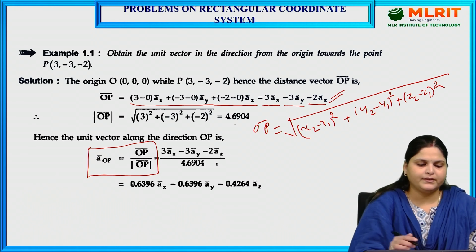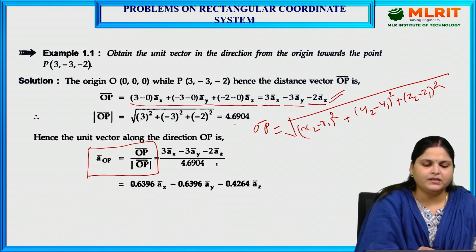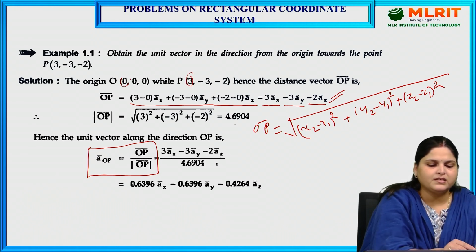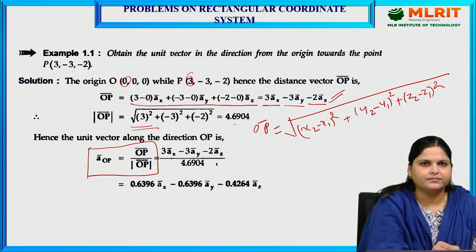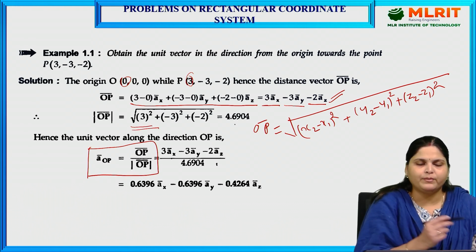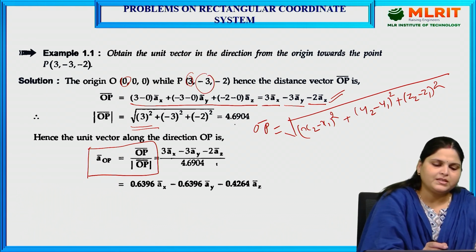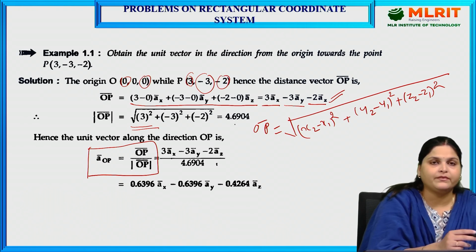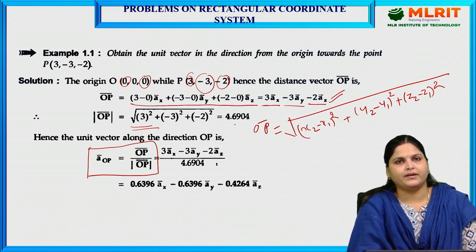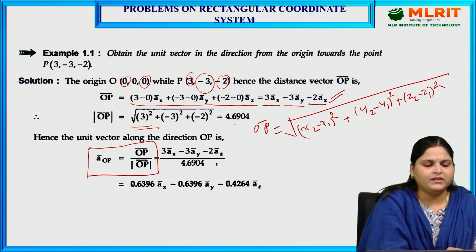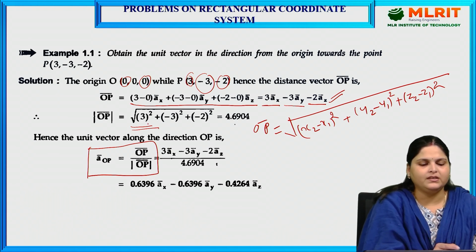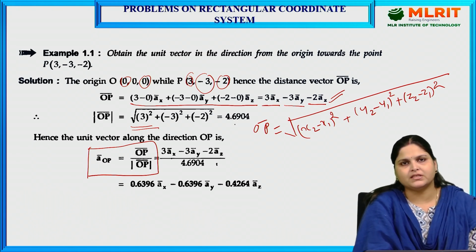So what do we get here? What is x2 minus x1? 3 minus 0 is nothing but 3. What is y2 minus y1? Minus 3 minus 0, squared means minus 3 squared. Similarly, z2 minus z1 squared means minus 2 minus 0 squared, right? So when we solve it, 3 squared means 9. Minus 3 squared becomes positive 9, and minus 2 squared becomes positive 4.